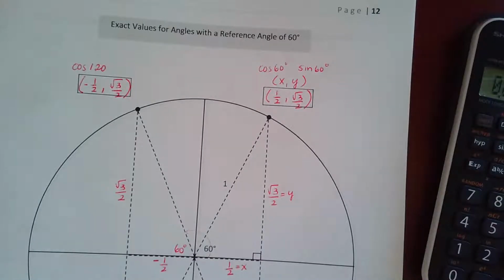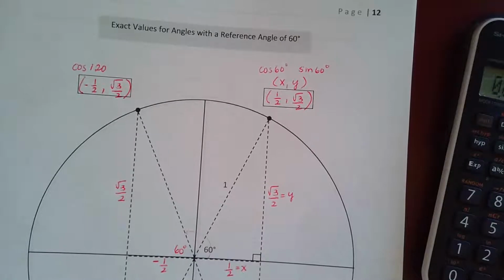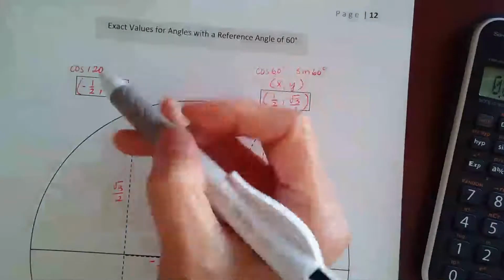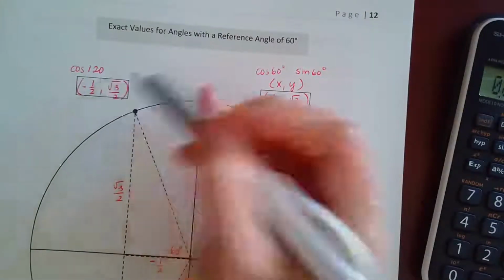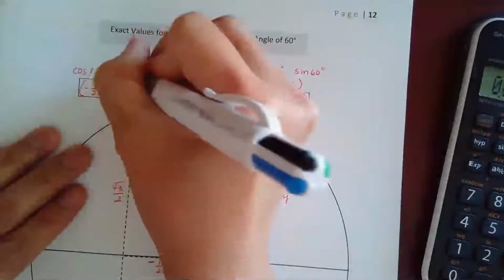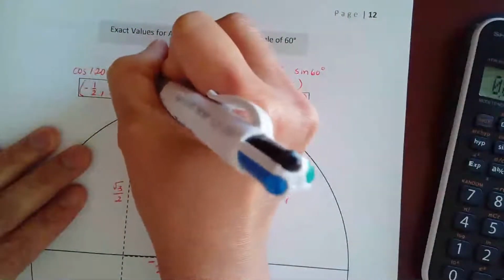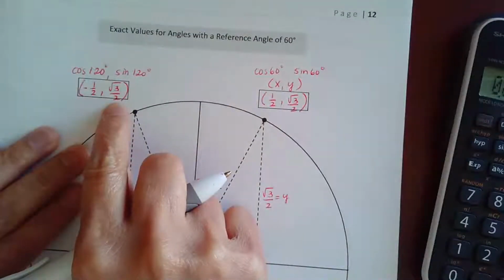Okay, so cos of 120 is going to be negative 1/2. And sine of 120 degrees is going to be root 3 over 2.